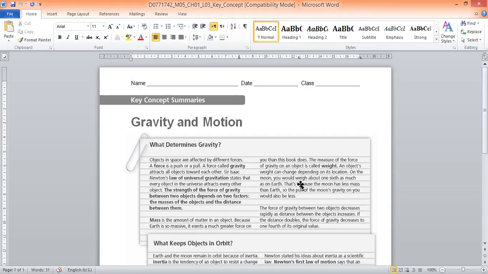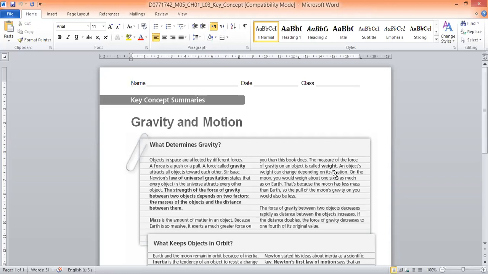An object's weight can change depending on its location. We said the moon has less mass than Earth, so Earth has more gravity than the moon. As the mass of the object increases, it attracts more. So weight is the force of gravity exerted on an object.